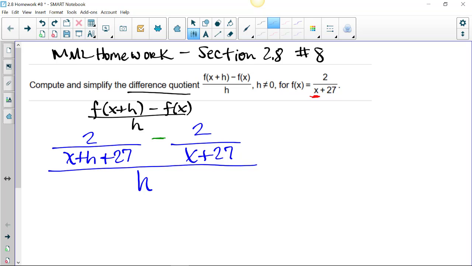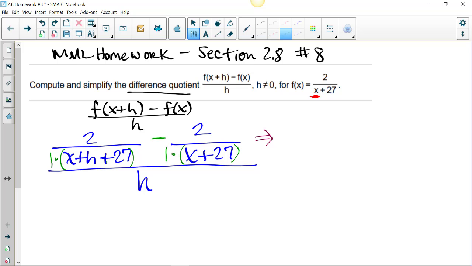All right, we're subtracting rational expressions, so we need to get a common denominator. And the way you get a common denominator with rational expressions is both denominators need to be factored. Well, I can't factor x plus h plus 27 because there are no common factors. It's all addition. So technically, that is a factor. The other factor is 1. That polynomial is prime. Same thing here with x plus 27, no common factor.